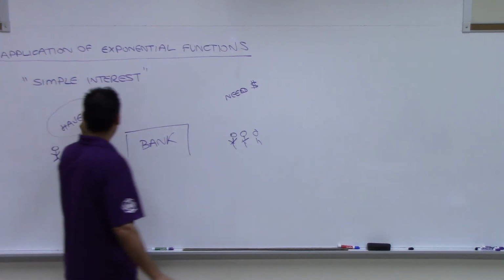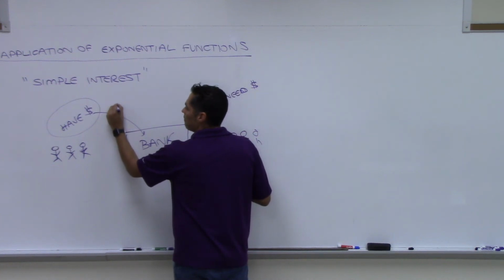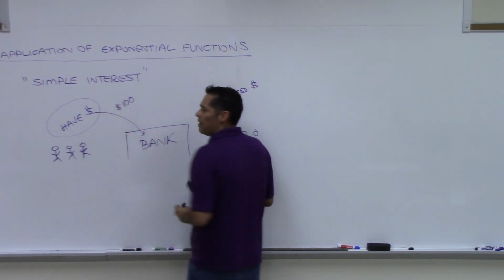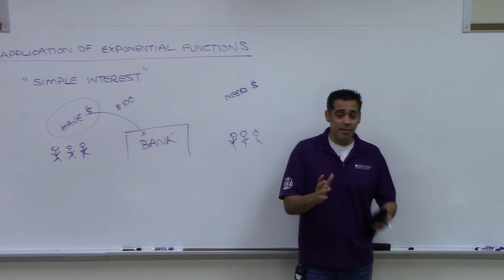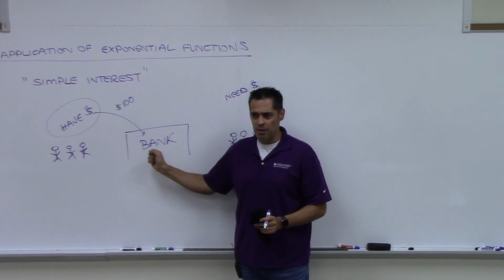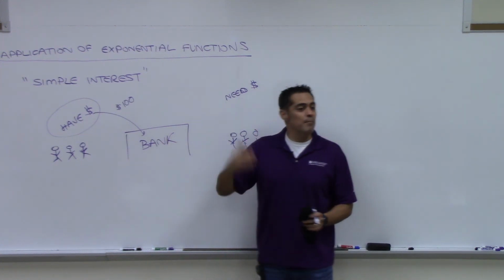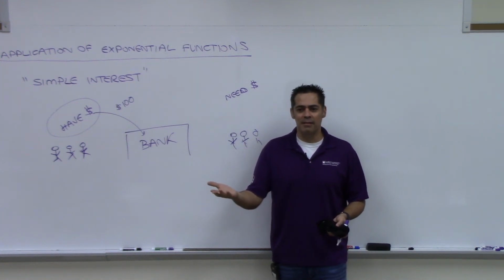Let's just say for an easy example you put in $100. The bank is going to say, thank you very much for the $100. We'll keep it nice and safe here for you. And every month, we're going to pay you for letting us borrow your money.